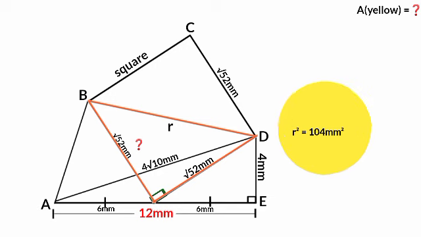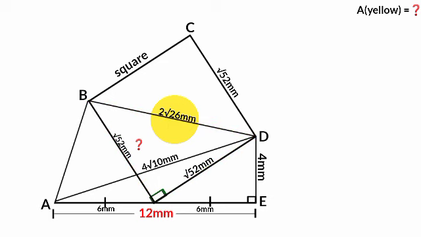Taking the square root of both sides, the square root of r squared is r, while the square root of 104 millimeters squared, since 104 is the same as 26 times 4, is 2 root 26 millimeters. So r equals 2 root 26 millimeters. That is, the length of this side is 2 root 26 millimeters.